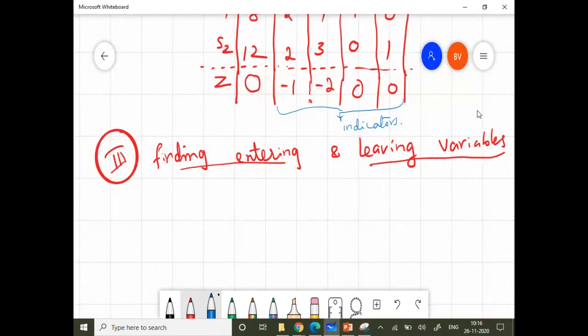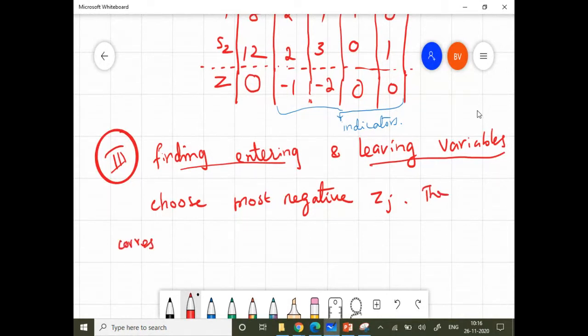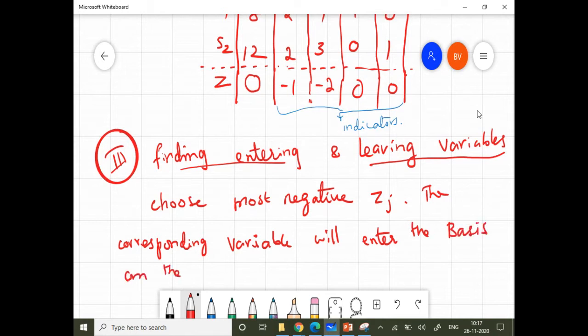So the first thing we need to do is to find the entering variable. Choose the most negative value in this row. The corresponding variable will enter the basis in the next table.